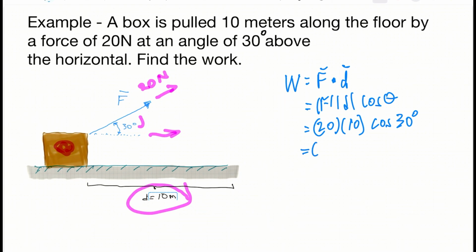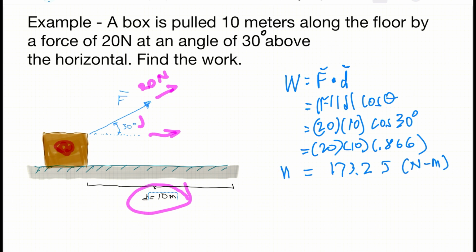So we have 20 times 10 times 0.866, brought over from the Desmos. And that is going to be 173.2 joules, or Newton meters. So that's the amount of work done by the system, really onto the system to make it move. So there's our answer.